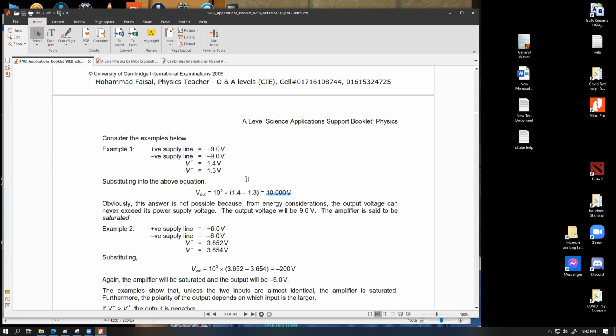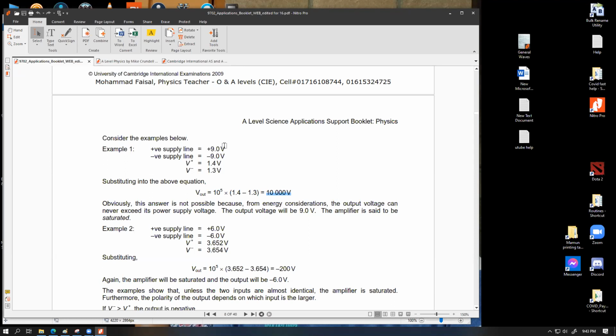So this is going to give us the limiting or the final value of the supply voltage. Whenever any op-amp output becomes equal to the maximum value of the supply voltage, I'm using maximum to mean maximum plus or maximum minus, so either plus 9 or minus 9 for this example.